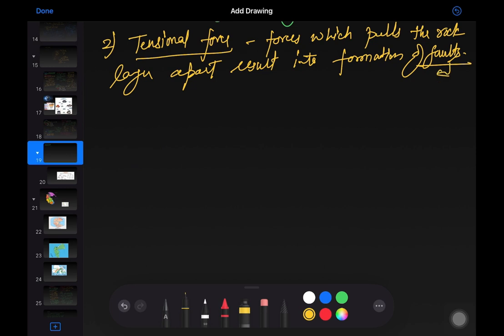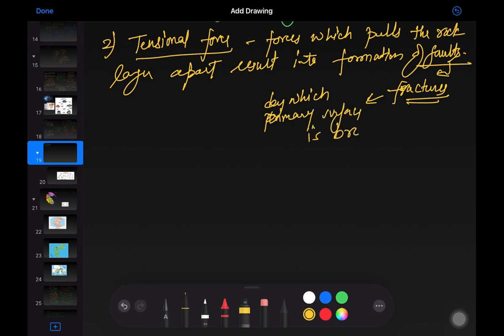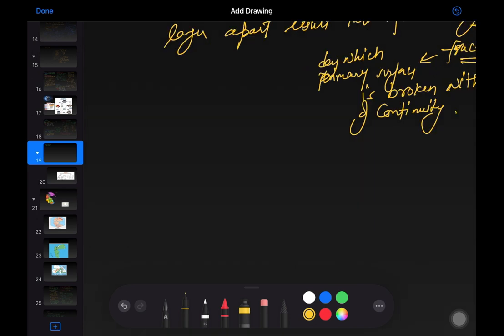Faults are the fractures by which primary surface is broken with loss of continuity. So this is epirogeny and orogeny.